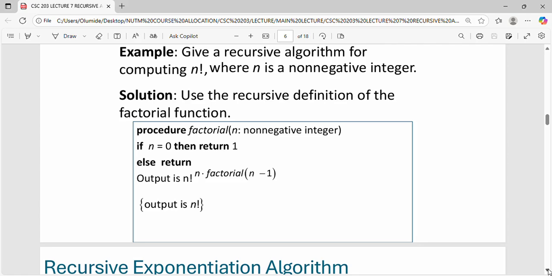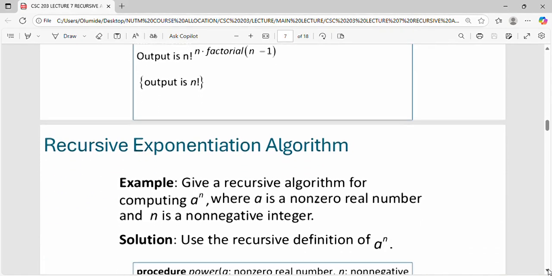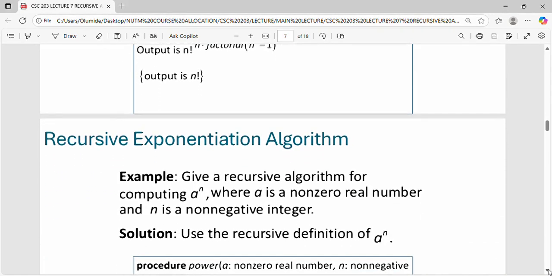That is, 0 factorial is 1. Else output n factorial. That is, if it's not equal to 0, then we output n factorial, and we are saying that n dot factorial n minus 1. So the function there is n dot factorial n minus 1, at the end of the day, to output n factorial. This can be proven by inductive approach, which we will look into later.